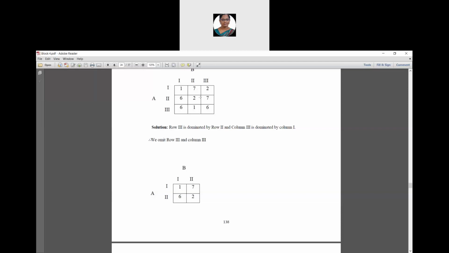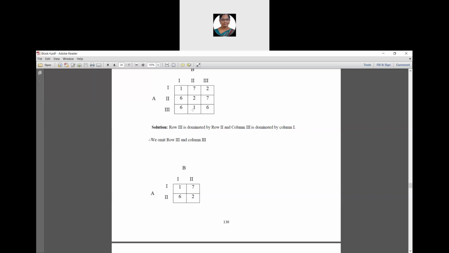Therefore, the rule fails. Hereafter, we have to compare row 2 and row 3. The first elements are 6 and 6, both equal, and the second elements are 2 and 1. The smallest element 1 is in the third row.